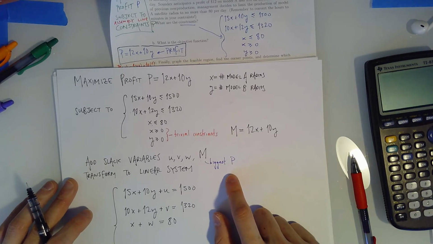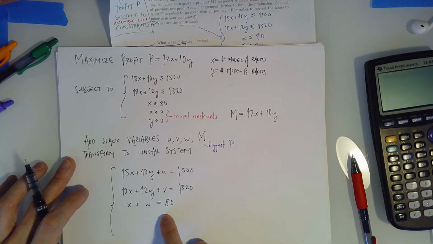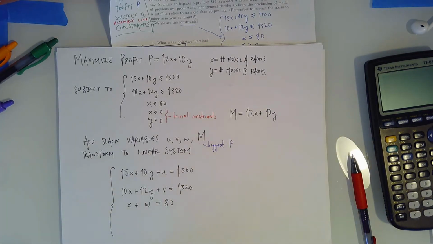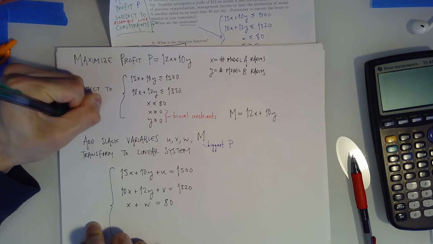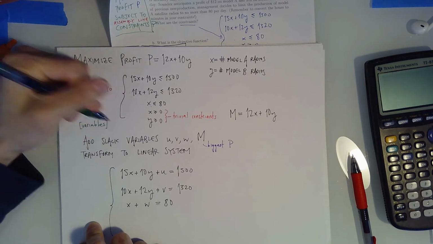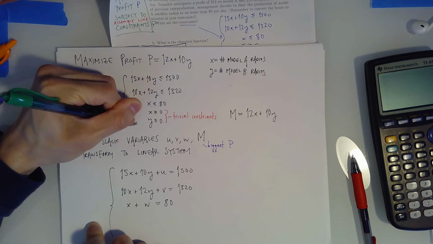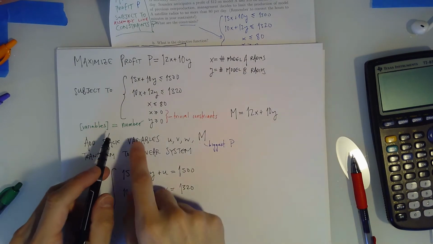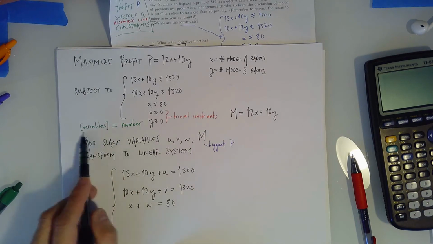So how do you incorporate this in here? What we've been doing is writing everything into standard form. Standard form is where you have variables on one side, and then equal or less than a number. So even before we started here, we want everything to look like this: variables equals number.